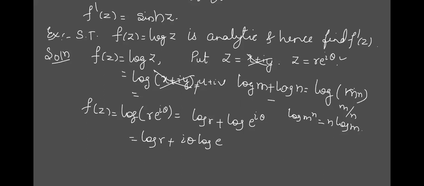Log of any number to the same base is always 1. So this is log r plus i theta into 1. Tell me whether I have to simplify further or is this part done?